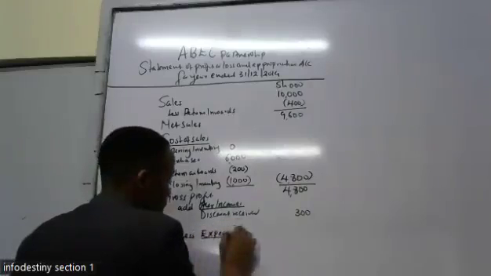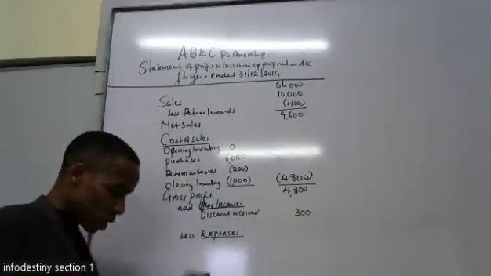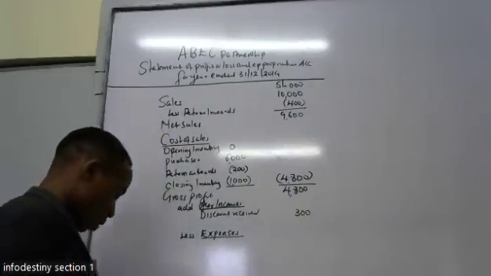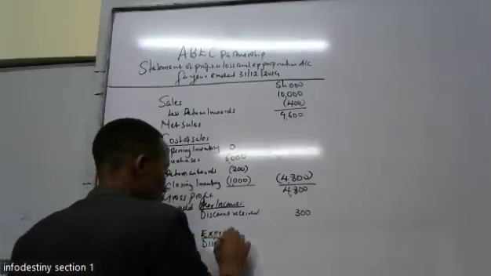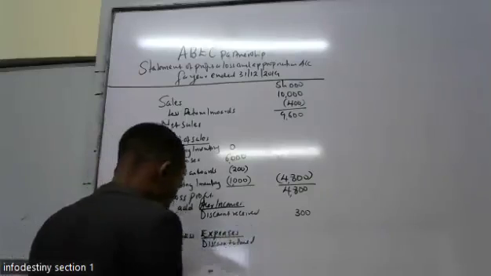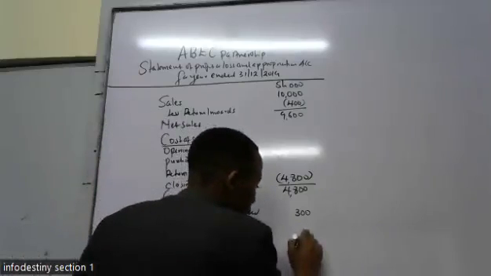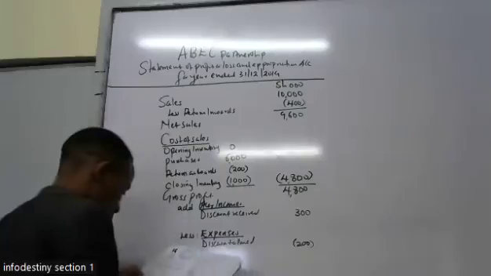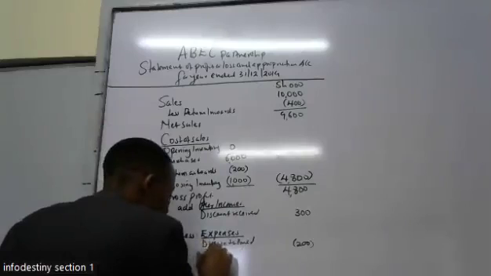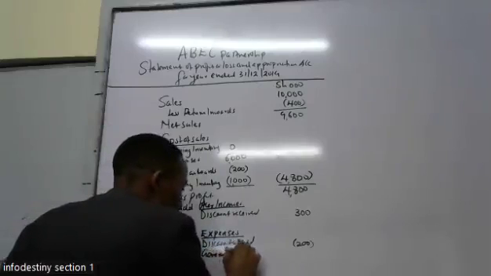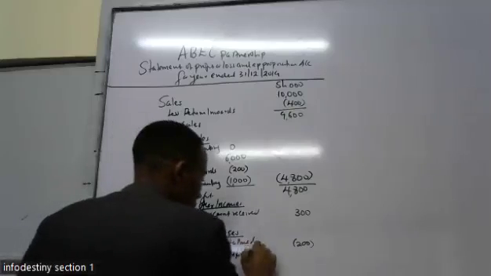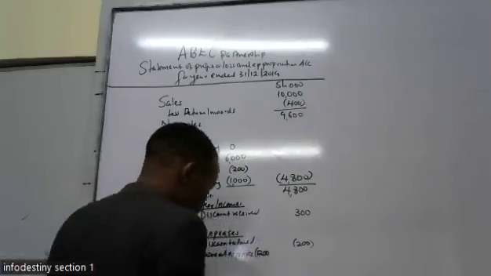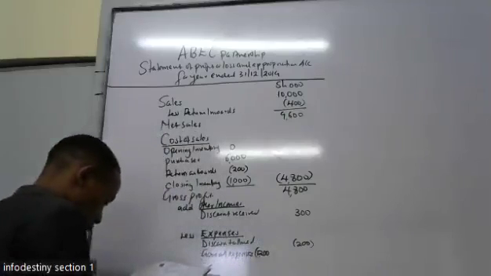We less the expenses, and we can pick the direct expenses first. We start with discount allowed, we're given an amount of 200. Then we have the general expenses, we are given an amount of 1,200, but we have additional information for accrued general expenses.